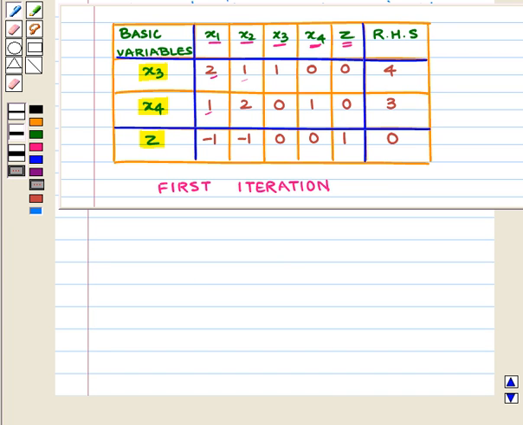Here we have two negative values, -1 and -1. Both have the same magnitude, that is 1. So we can choose any one of x1 and x2 as the incoming variable. Let us choose x2. So we choose x2 as the entering variable.